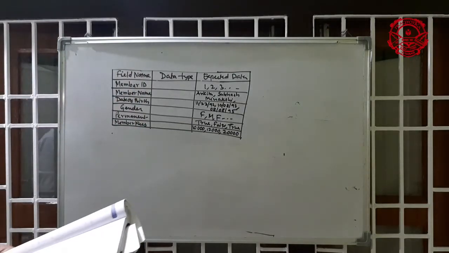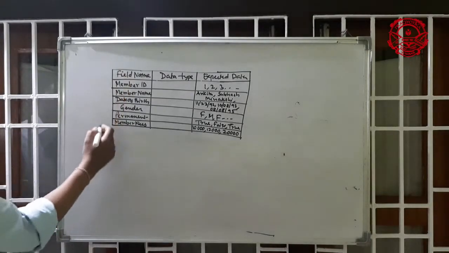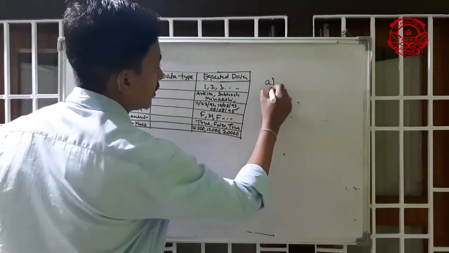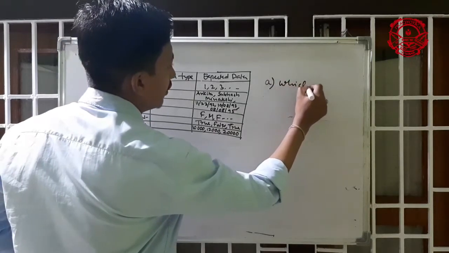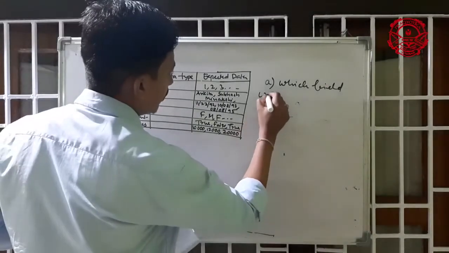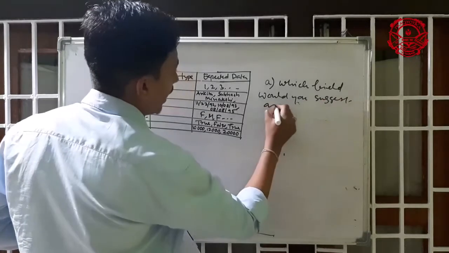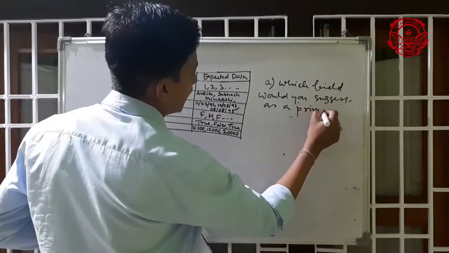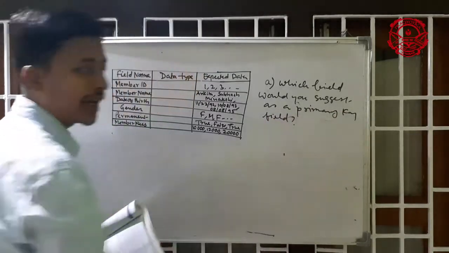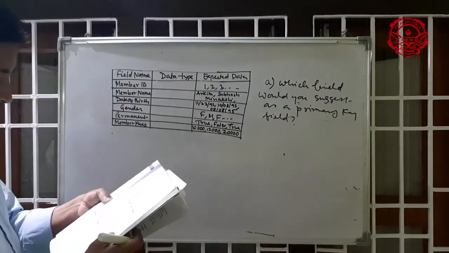The first question: which field would you suggest as a primary key field? I think you know. I think you understand these things.